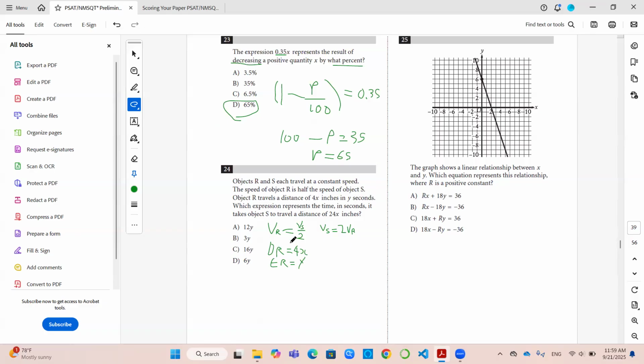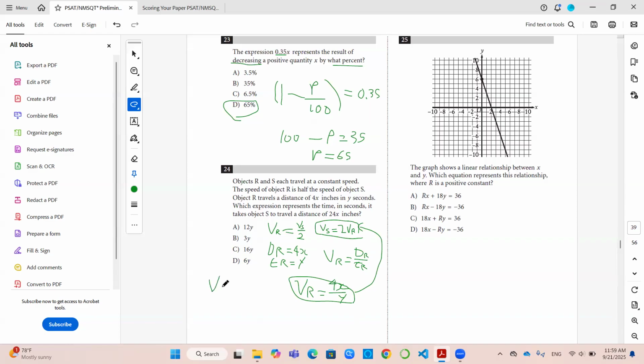And I can express the VR as DR over TR because the formula for speed is distance divided by time. So I'm going to say that VR is equal to 4x divided by y. Okay. Now I can plug this into this formula here.